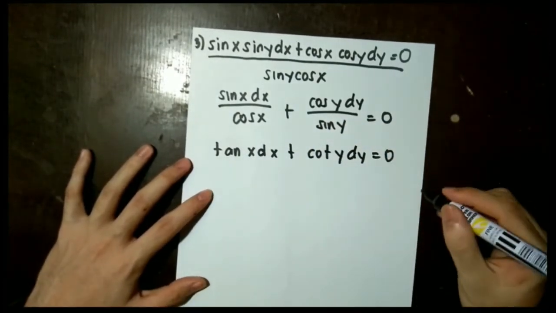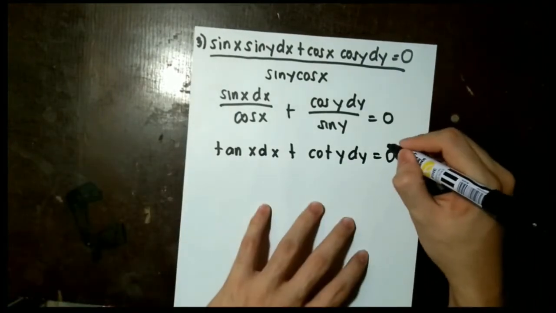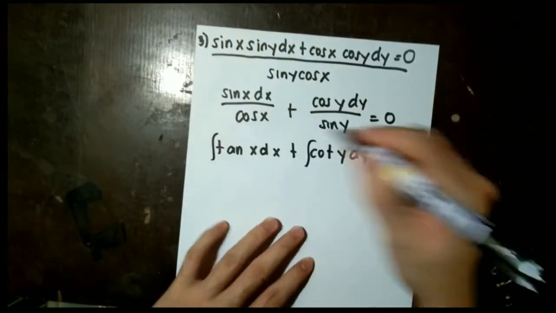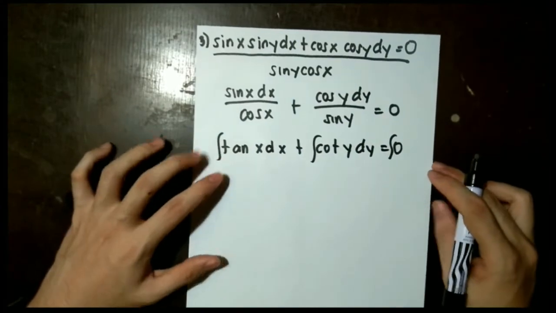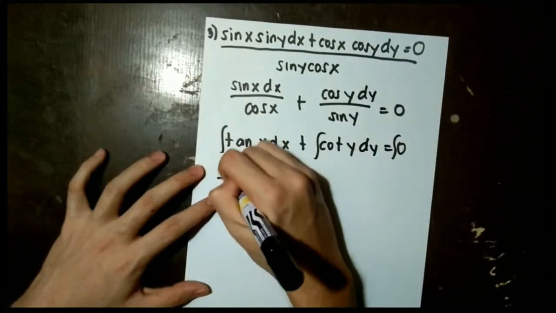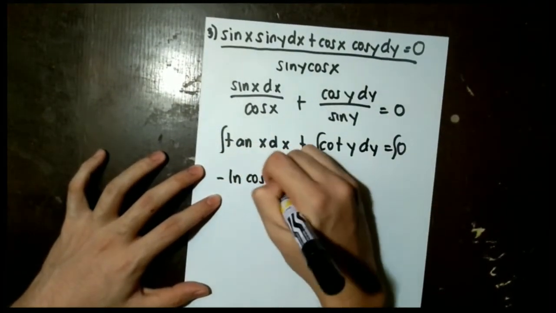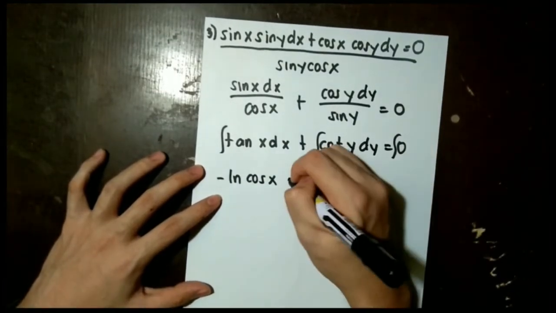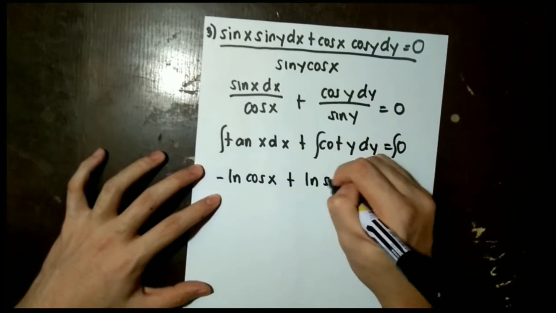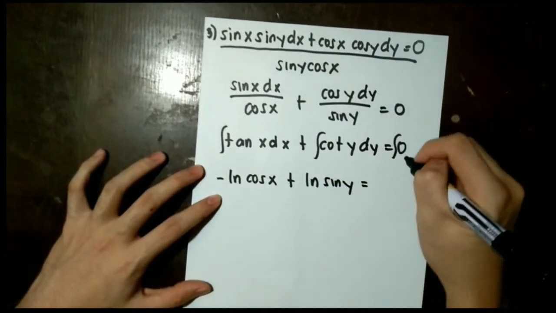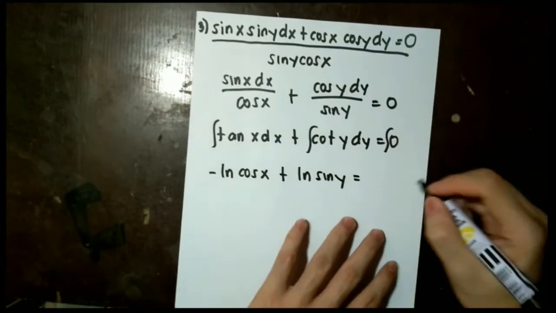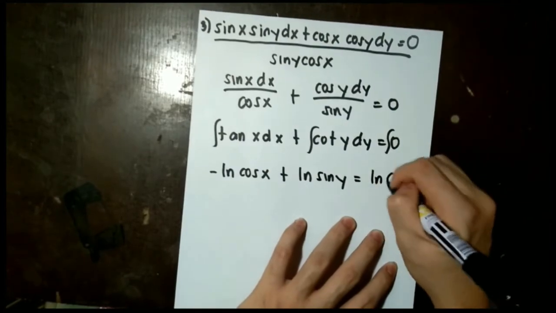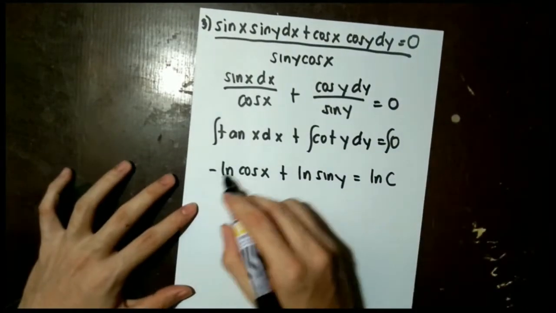Pwede na tayo mag-proceed sa integration. So, integration ng tangent x dx is just negative ln cosine x. Integration ng cotangent y dy is ln sin y is equal to integration ng 0, gawin na natin siyang ln c. So, i-transpose lang natin to dito.